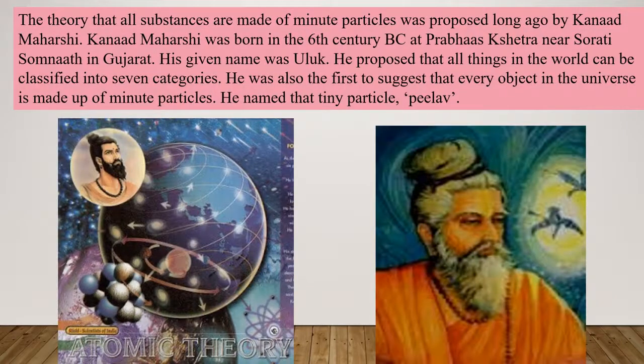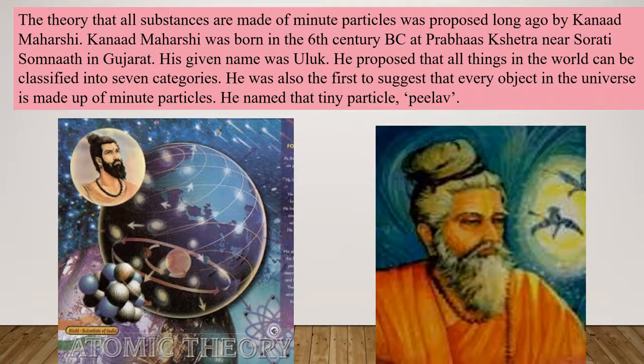The theory that all substances are made up of minute particles was proposed long ago by Kanad Maharishi. Kanad Maharishi was born in the 6th century BC at Prabhas Kshetra near Somnath in Gujarat. His given name was Uluk. He proposed that all things in the world can be classified into 7 categories.